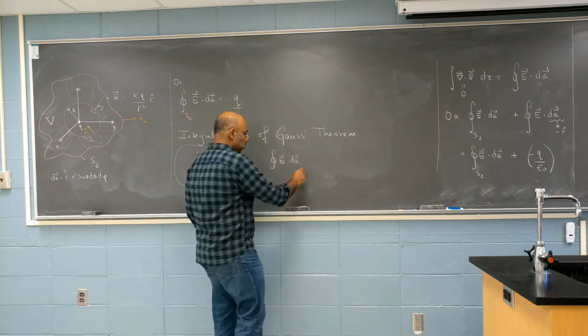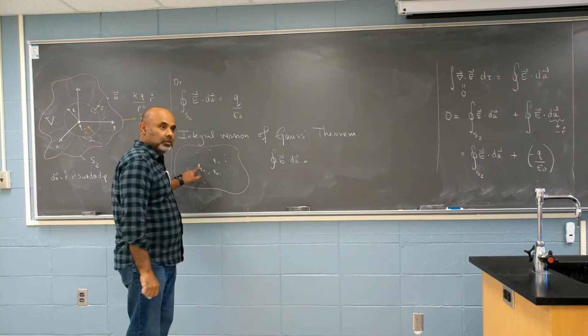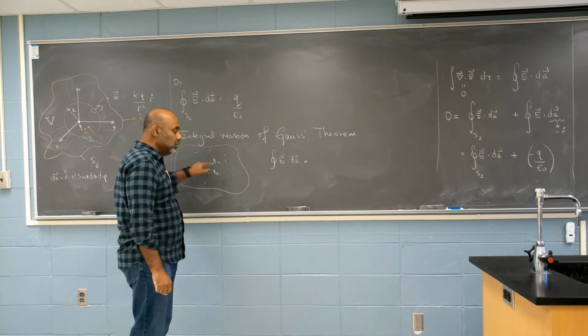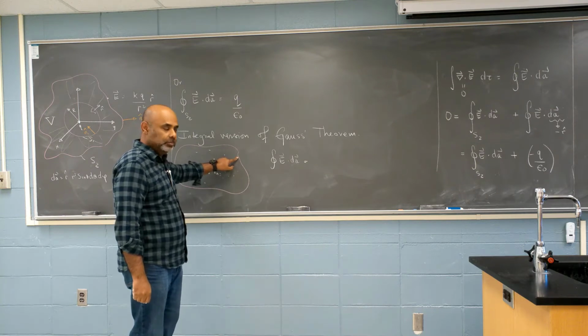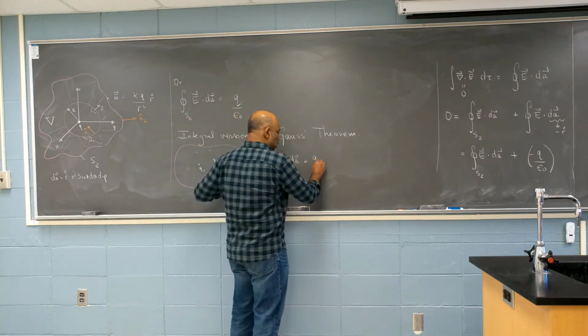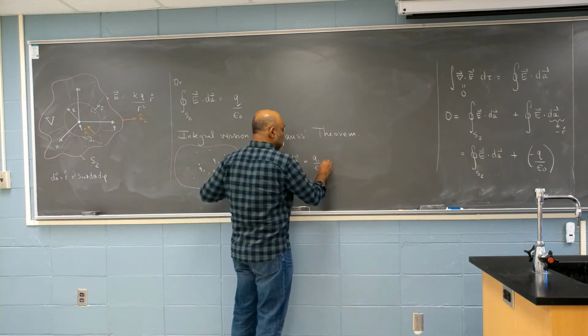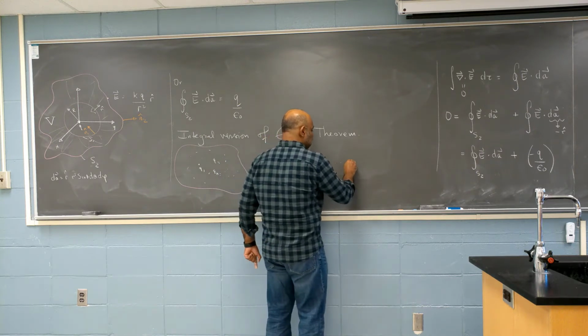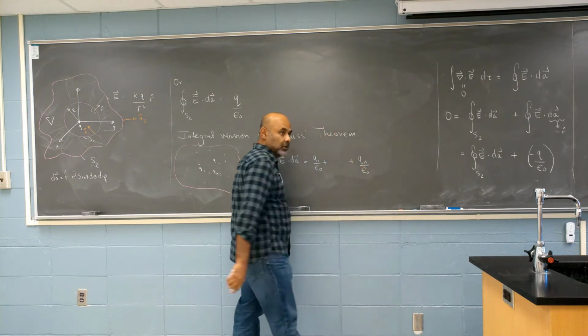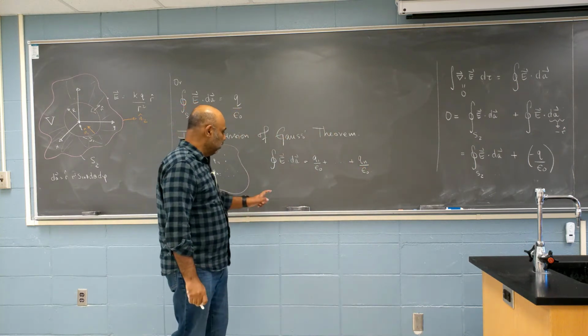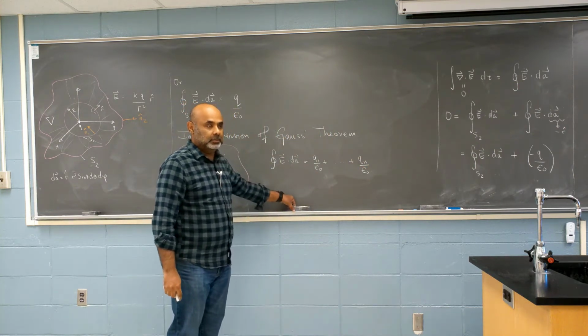Well, for this one, it doesn't matter if it's a nice circle or an outside envelope. So it's Q1 over epsilon naught plus Qn over epsilon naught. I want to clarify one more point.